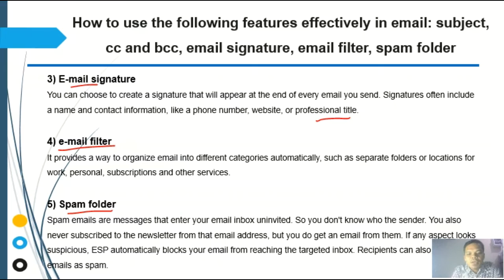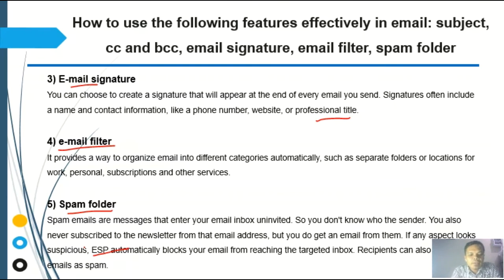You also never subscribed to a newsletter from the email address, but you get email from them. If any aspect looks suspect, the ESP automatically blocks your email from reaching the target inbox. Recipients can also mark email as spam.